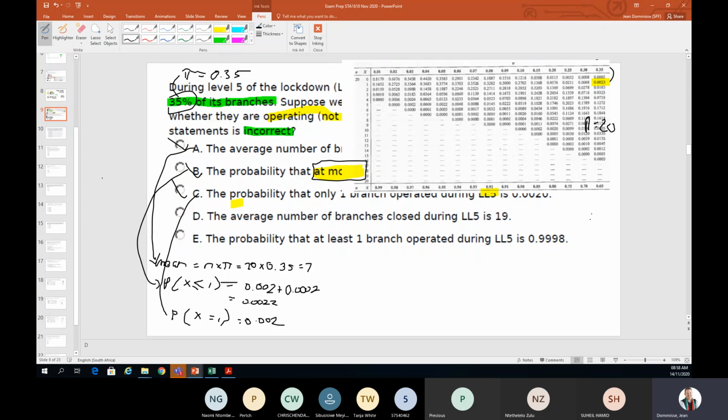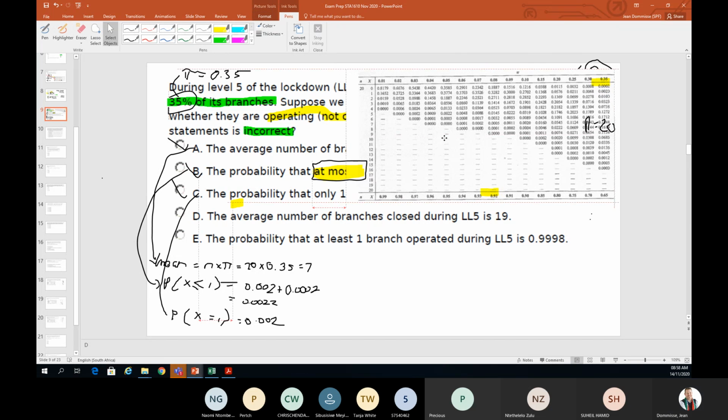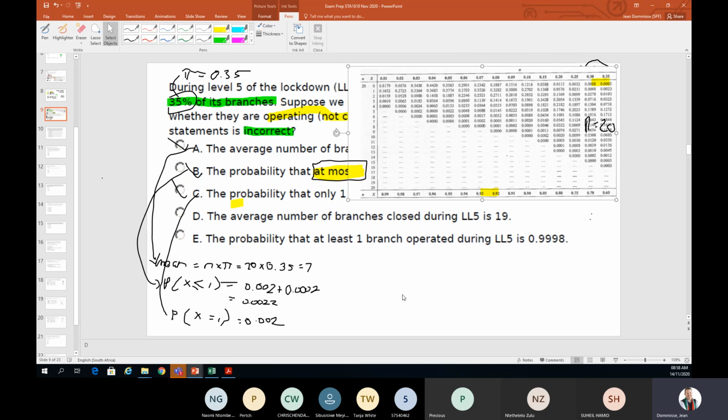The average number of branches closed during is 19. Okay, so this is the trick question. How do you calculate that? Okay, how would you calculate that?